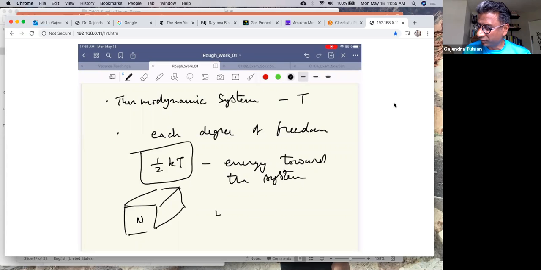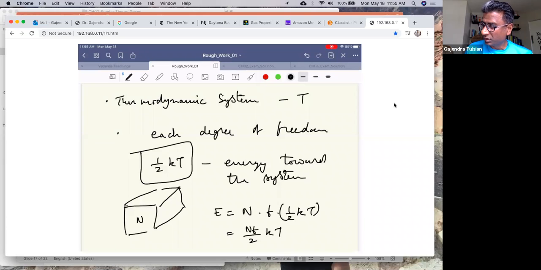The energy of this system is n times f, the number of degrees of freedom for each particle, times 1/2 kT. 1/2 kT is the energy contributed by each degree of freedom. So it's n f by 2 kT.